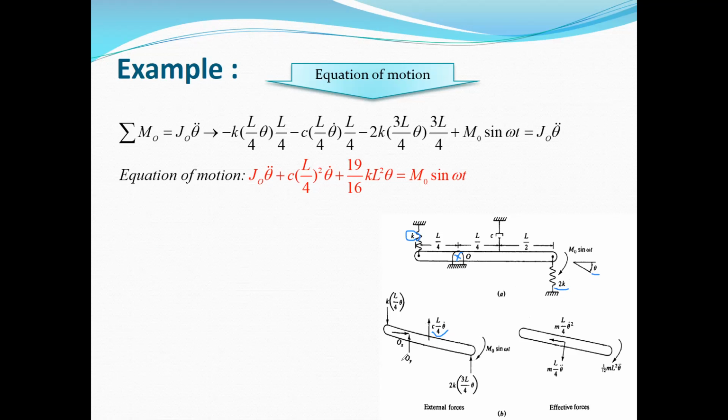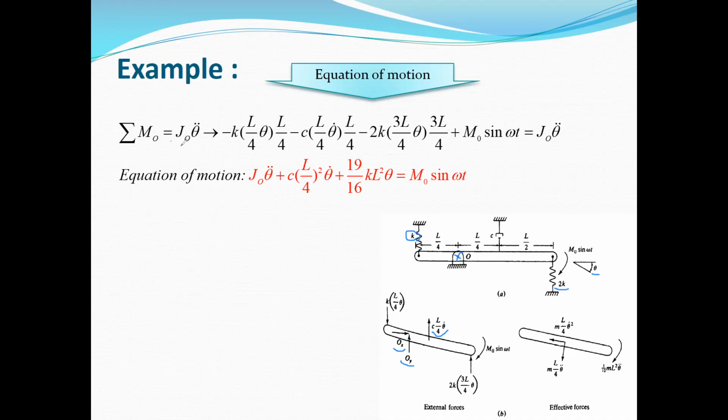Also we have two reactions at the pin O, which will not appear when you write the moment equation about point O. And finally, the sum of moments must be equal to the mass moment of inertia about point O times the angular acceleration.